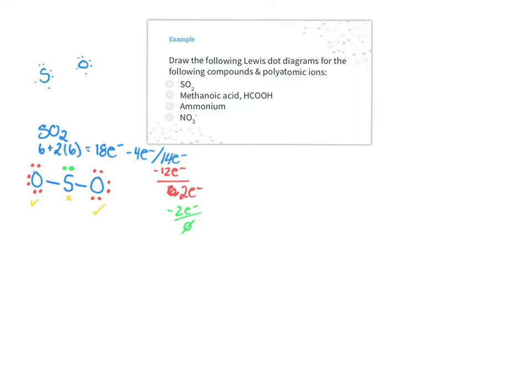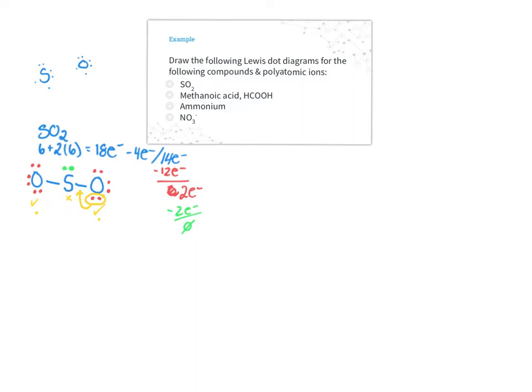So what we're going to do is move electrons from an outer atom's lone pair to share between the 2. Because it doesn't matter who I share from, it's the same. I'm sharing from an oxygen to the sulfur. I'm just going to borrow this pair of electrons and put it into this bond.